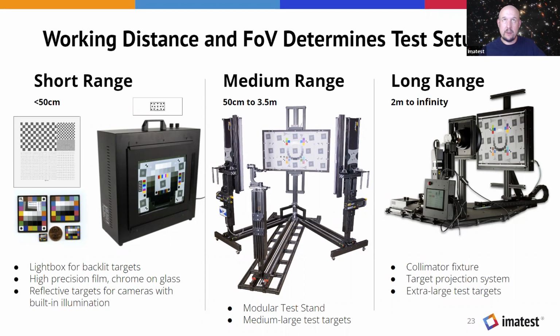So depending on what your working distance is, you may need an entirely different test setup. 所以这个端赖于你所需要的拍摄的距离,所以你需要不同的硬体的设备。这边我们现在看到的左中右就是短距、中距和模拟的长距。At close ranges, you'll need a high precision test target, and usually we'll use a light box to light those targets. 如果说你是测试是短距的,那通常是你需要是左边这种背投式的光箱,那上面所配合的是比较高精度的,虽然是尺寸小,但是是相当高精度的测试图卡。At medium range, this is somewhere around 50 centimeters to 3.5 meters.